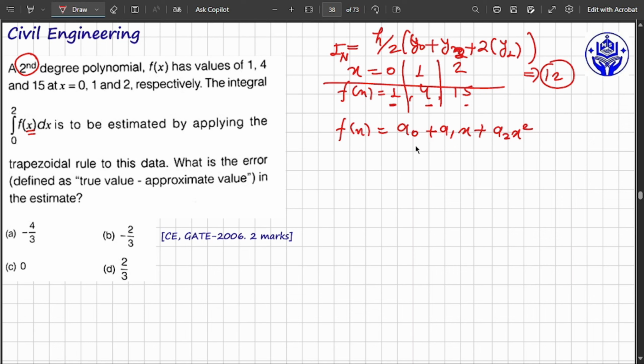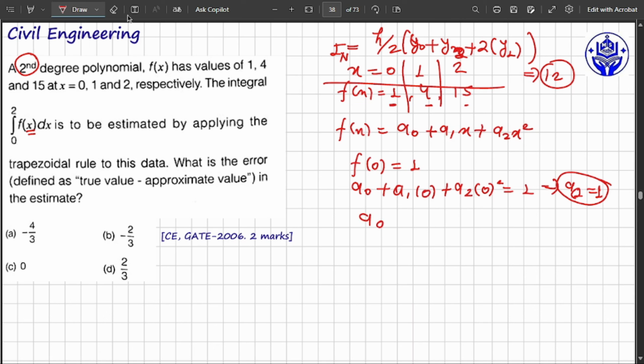Now you can find, if my f of 0 is equal to 1, it means what? My a0 plus a1 into 0 plus a2 into 0 square is equal to 1, so a0 is equal to 1. So my function f of x is 1 plus a1 x plus a2 x square.